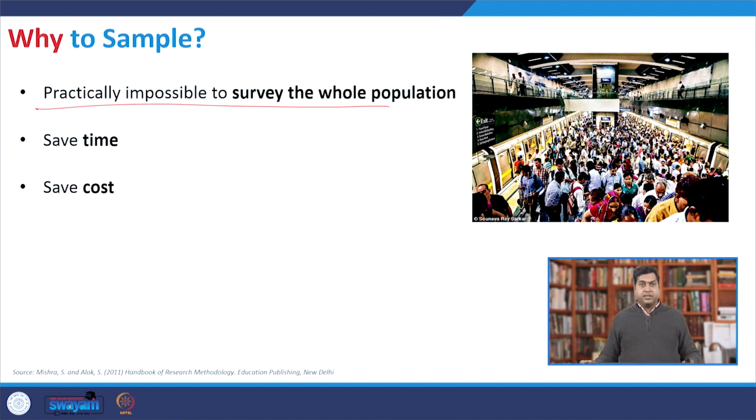Lots of surveyors are involved. It's door to door data collection. Each and every detail of all the household members is captured in the census, and definitely it is very cost intensive. So in order to save time and cost, we mainly go for sampling and try to determine the sample.